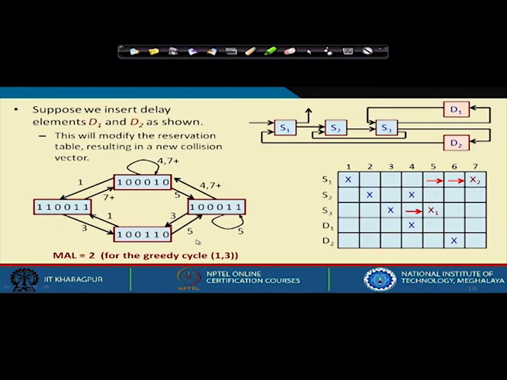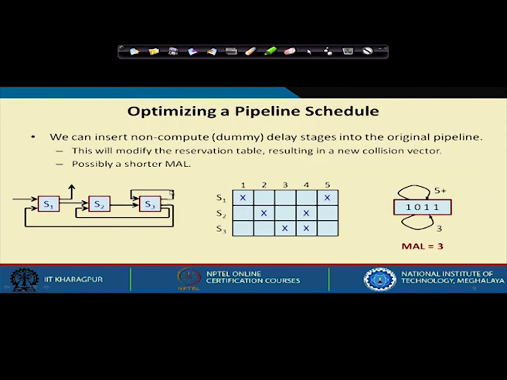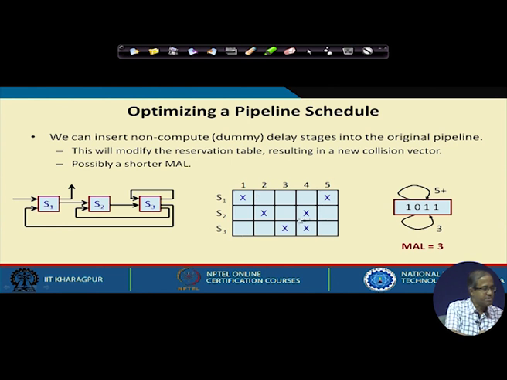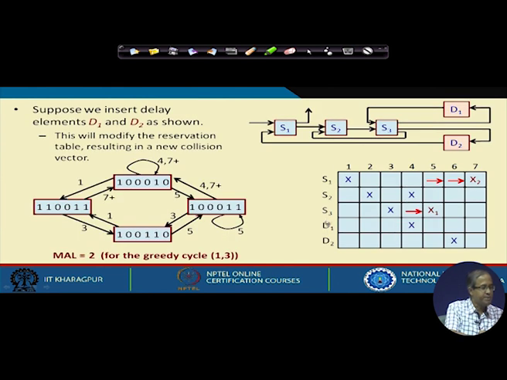For this example, suppose I insert delays like this. This was my original pipeline. I insert delays in 2 of the branches, one delay here, one delay here. While going from S3 to S1, I put a delay, and S3 to S1, S3 to S3 and S3 to S1 also I put a delay. Earlier my reservation table was this. Now, in the reservation table there will be 2 additional dummy stages introduced, and because of the delay, some of the check marks will get shifted.